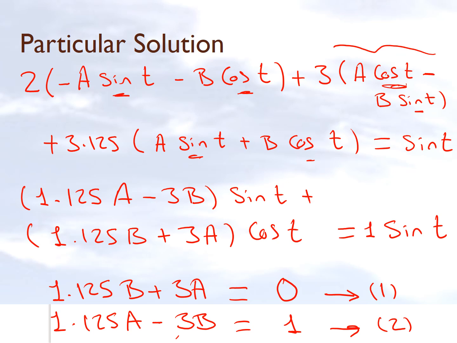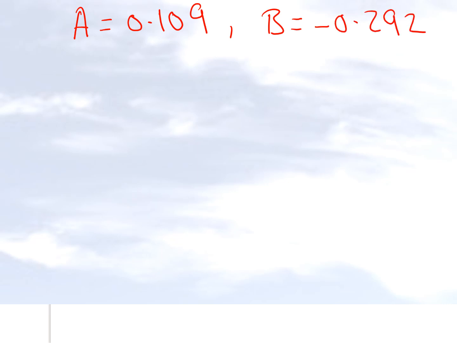And the solution for that is a equals 0.109 and b is equal to minus 0.292. So now we can complete our particular solution.